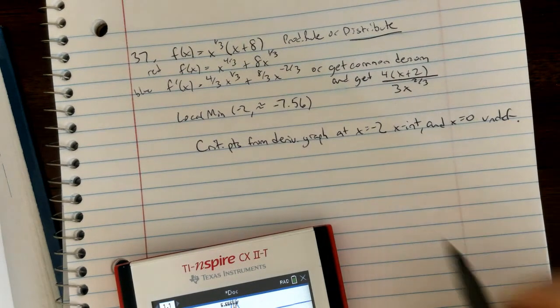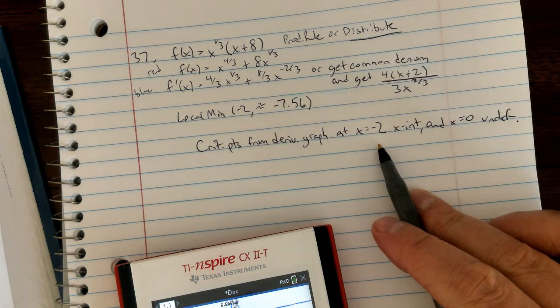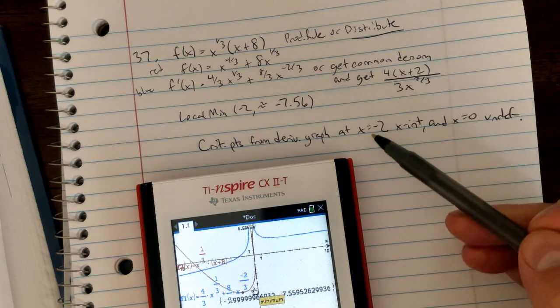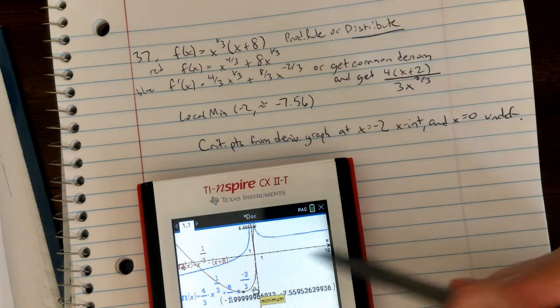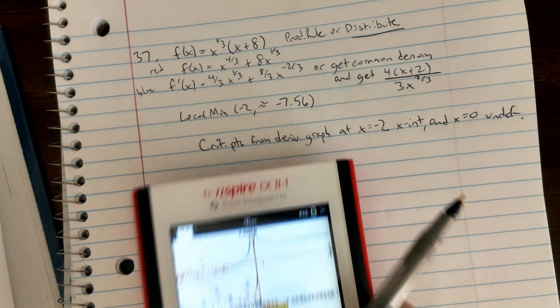We kind of talked about where critical points are before in a different lesson, but if you're just looking at the graph, that's how you can look at it. An x-intercept would be a critical point, and an asymptote would be a critical point. So those are your critical points.